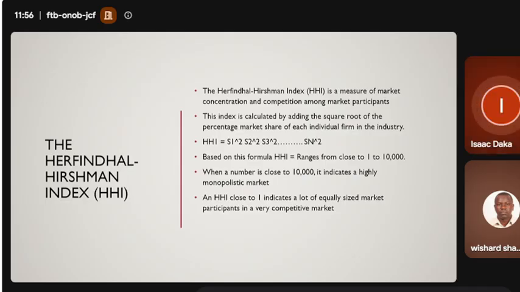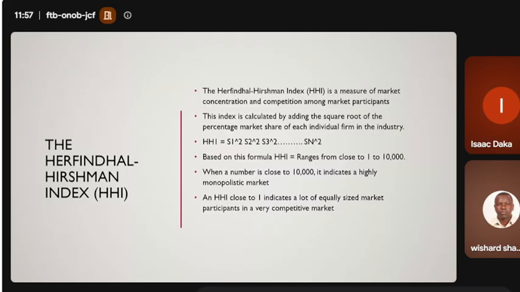So sorry, what's the question again? We are told here that when you compute the index, the answer can be 10,000, close to 10,000, or close to 1. We mentioned that when the number is close to 10,000, that particular industry is highly monopolistic.